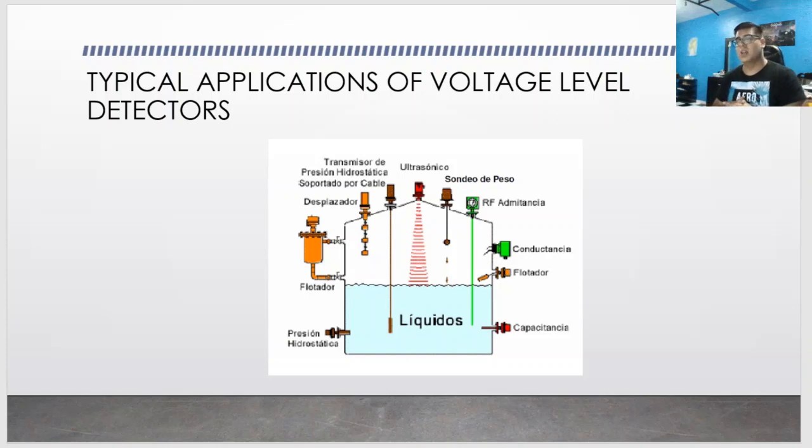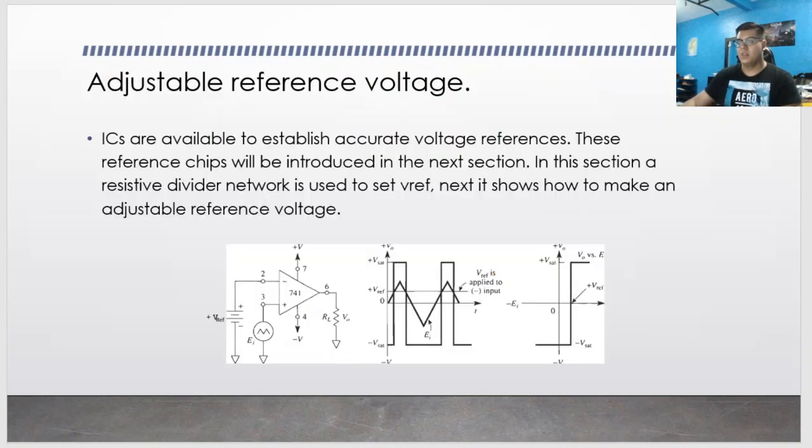Typical applications of voltage level detectors. Can we see some of them? Adjustable reference voltage. ICs are available to establish a precise voltage reference; these chips will be introduced in the next section. In this section, a resistor divider network is used to set VREF.